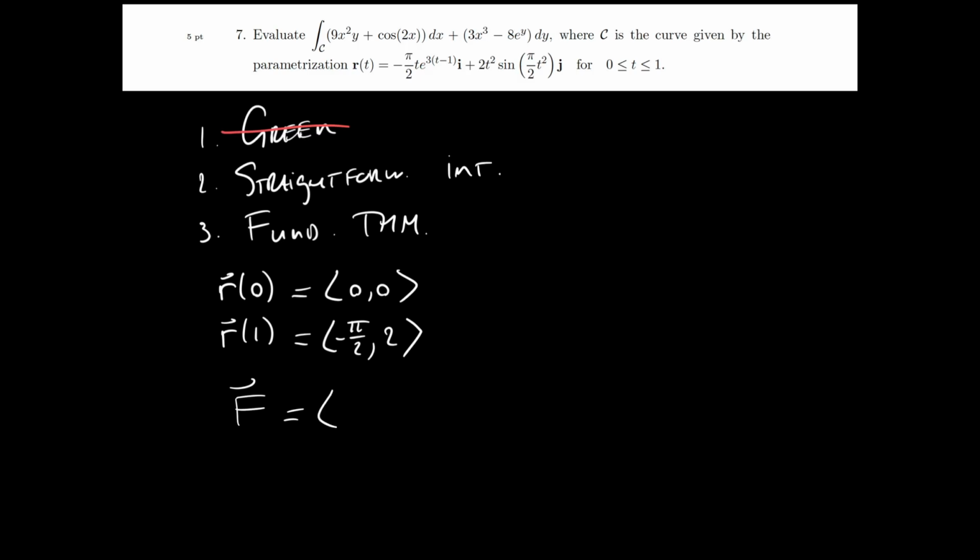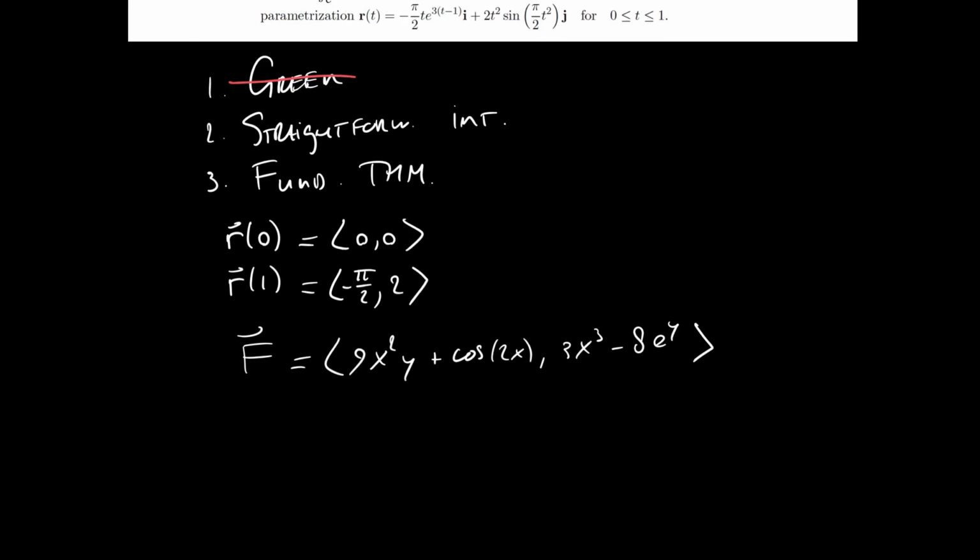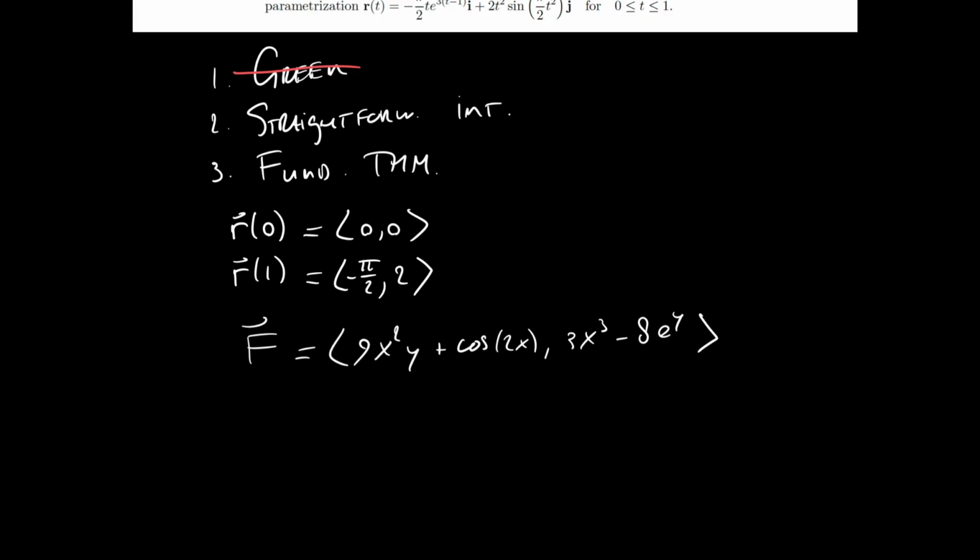The x component is 9x squared y plus cosine of 2x, and the y component is 3x cubed minus 8 e to the power y. Okay, so now if this vector field is conservative, then the x component is going to be the partial derivative of the potential with respect to x, and the y component is going to be the partial derivative of that potential with respect to y.